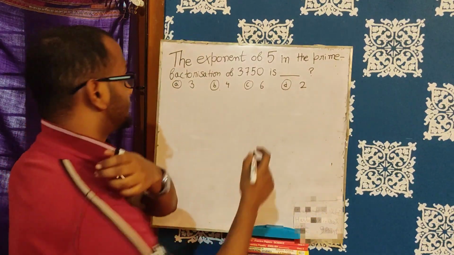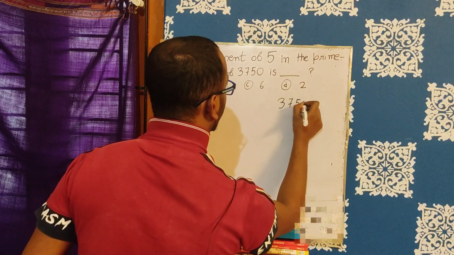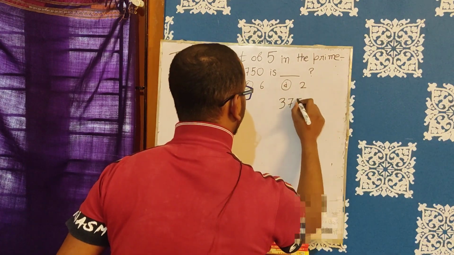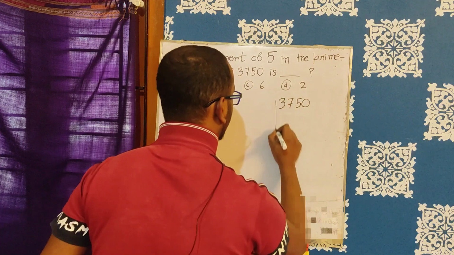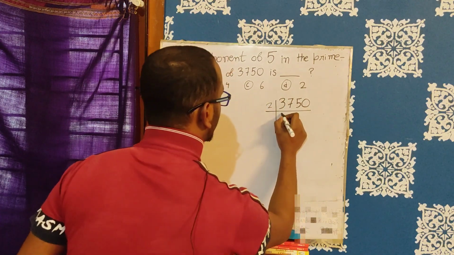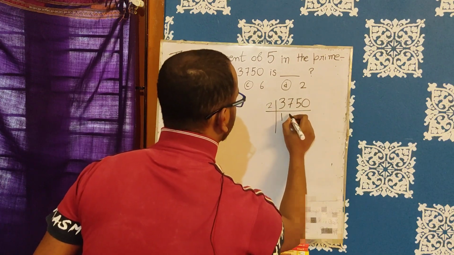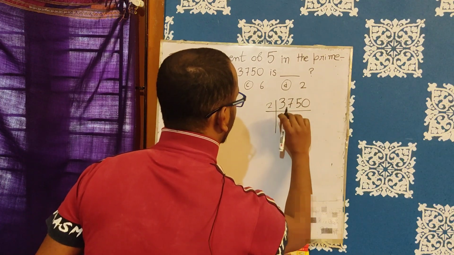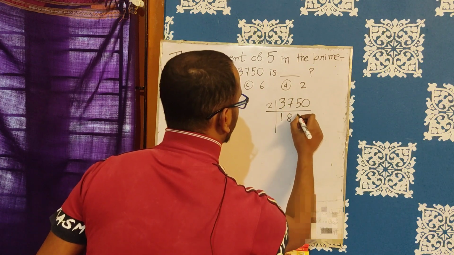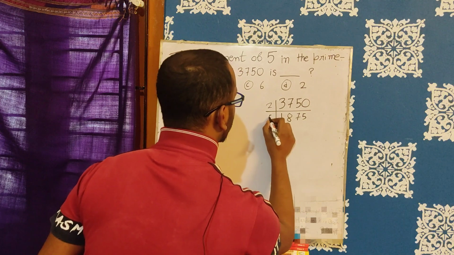So let's do 3750. Divide by 2, we get 1875.